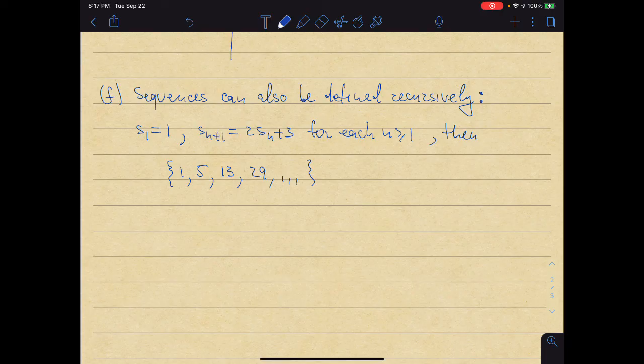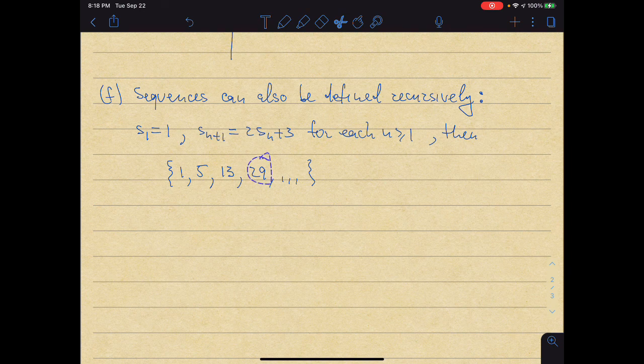So this Sn is still a function of n, right? Because to each position n, I have a number corresponding to that position. But I will not be able to provide you with an explicit rule which says if n is equal to something, then Sn is equal to something else. Because in this case, the value of the next term depends on the value of the previous term.